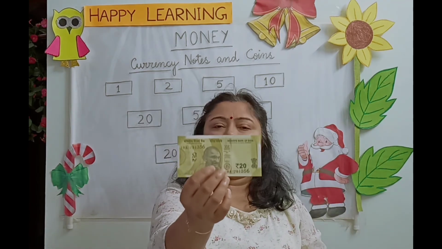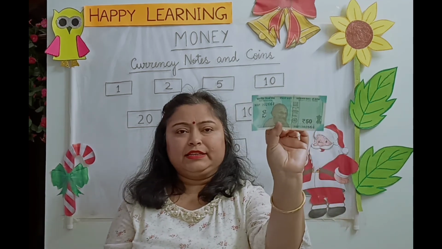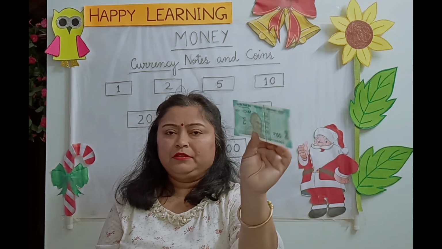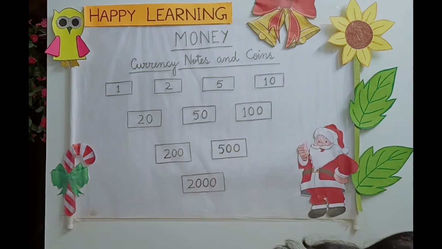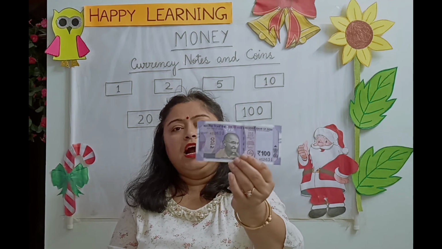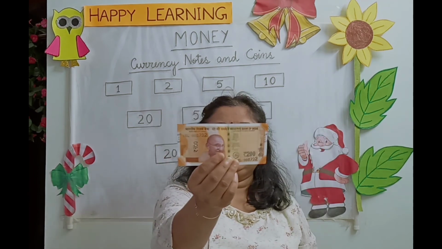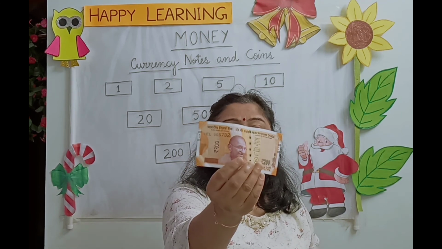Then see, this is a 20 rupees note. And this is a 50 rupees note. This is a 100 rupees note. See, this is a 200 rupees note.